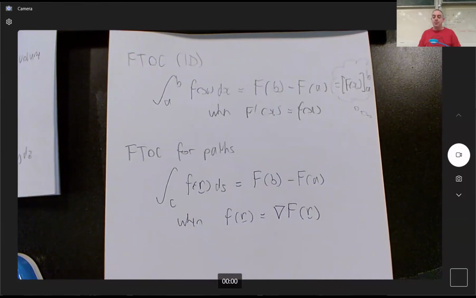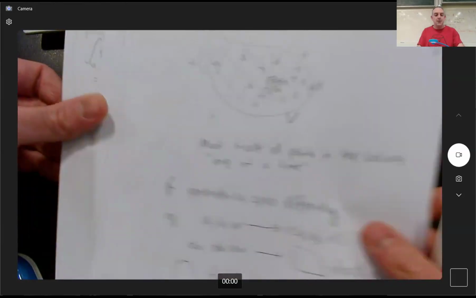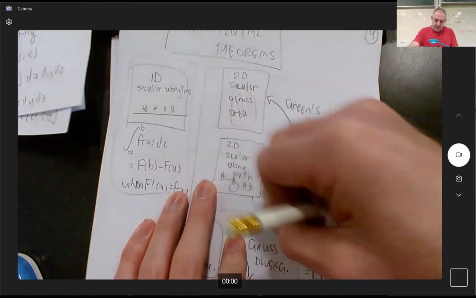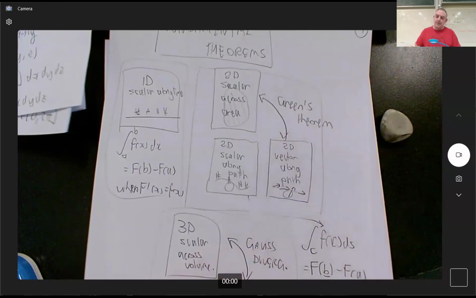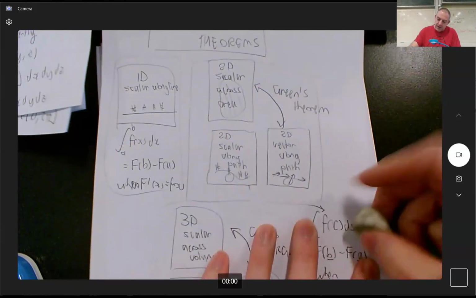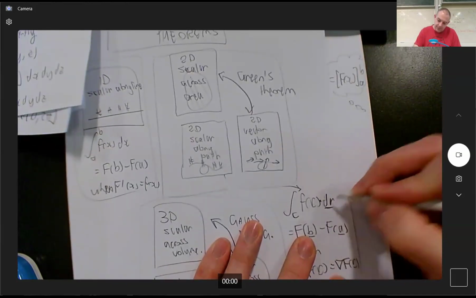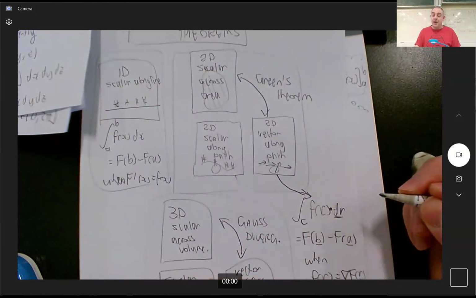Yep. So big F, this is a scalar function. Oh crap, no, this is a vector function. Damn me. I was wrong. It's not this. Sorry about that. This is a dot dr. Sorry, everybody. I can always adjust this when I actually write it down.